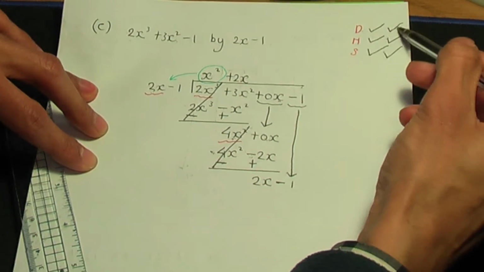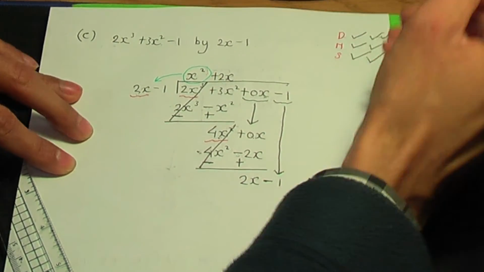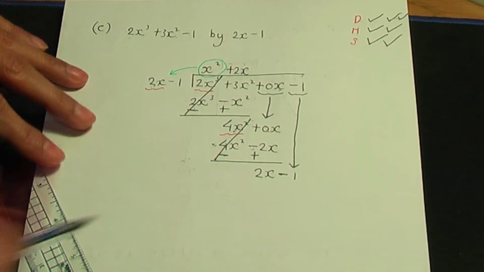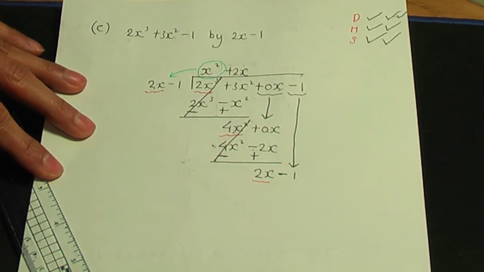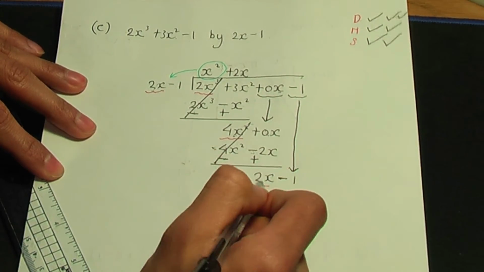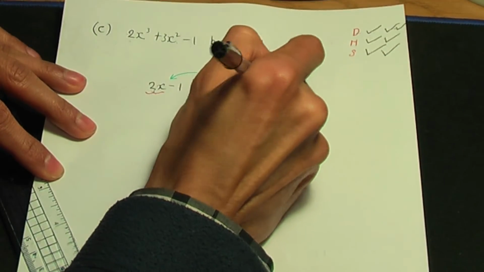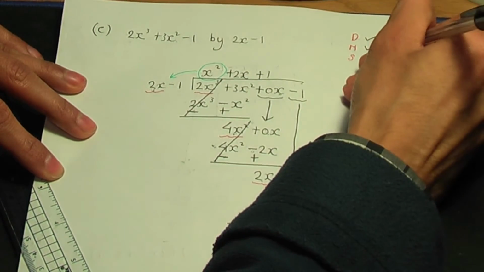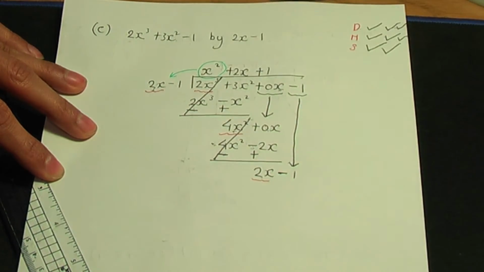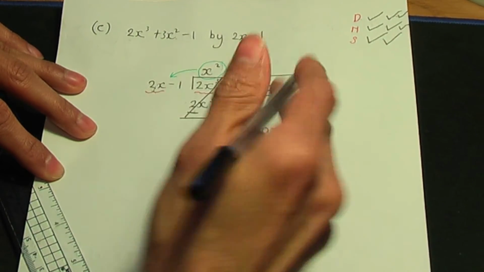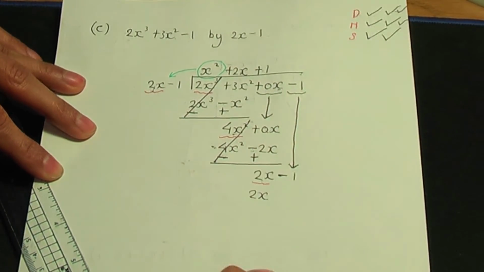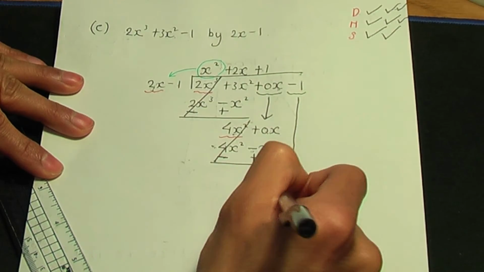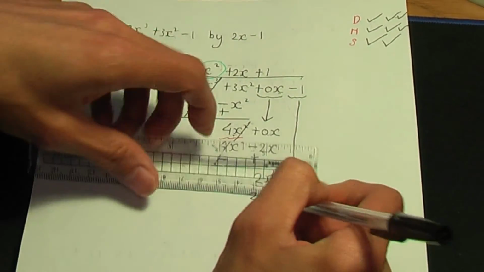And then I go back to D. D means divide. So now I divide 2x by 2x. 2x divided by 2x is plus 1. So write that on the top. Then we do M. M means multiply. 1 times 2x is 2x. 1 times minus 1 is minus 1.